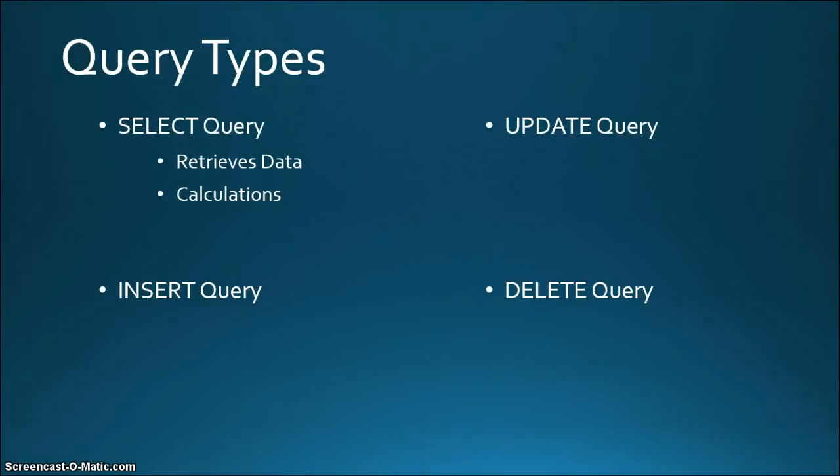You can do all sorts of different functions, and as a matter of fact, you can perform Visual Basic functions in queries, which is really cool. You can build a VBA function to take a piece of information and spit out a new piece of information for you, which is a great functionality of Access.